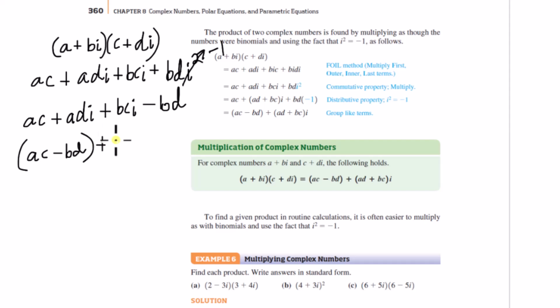And then we could bring these two together. And now we're done, because what we have here, if we actually plugged in values for A, B, C, and D, would be a new complex number. We started with two separate complex numbers being multiplied, and what we get is this new complex number. That's it. So that's how you multiply complex numbers.